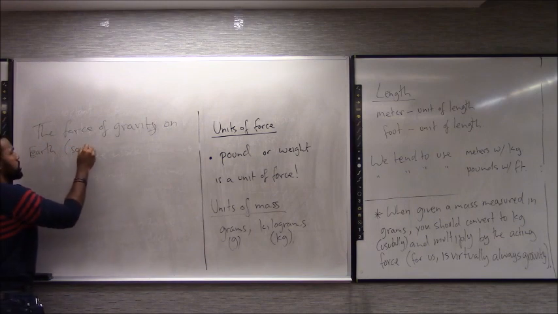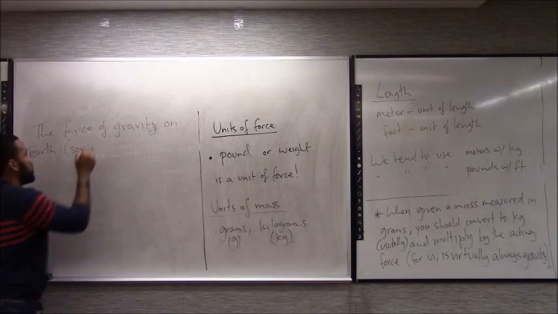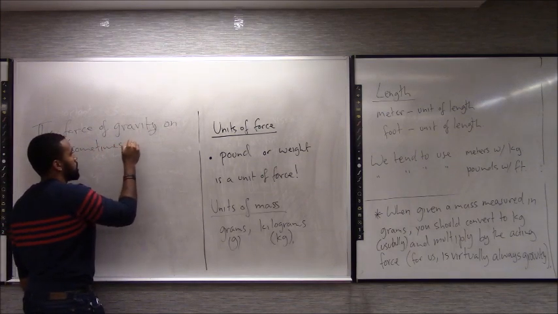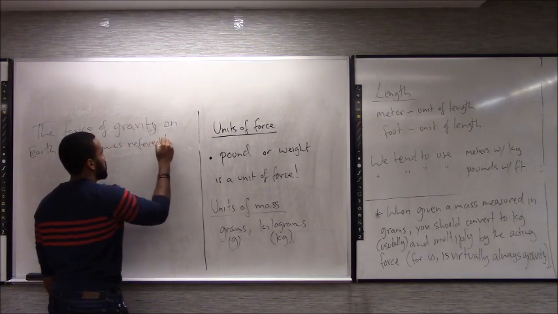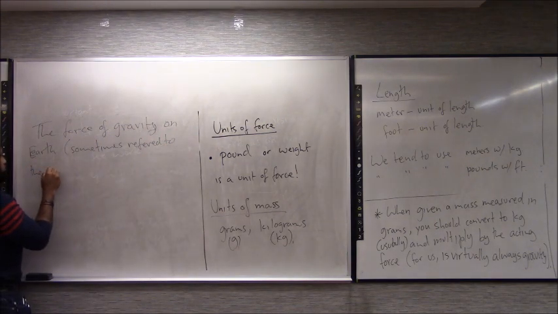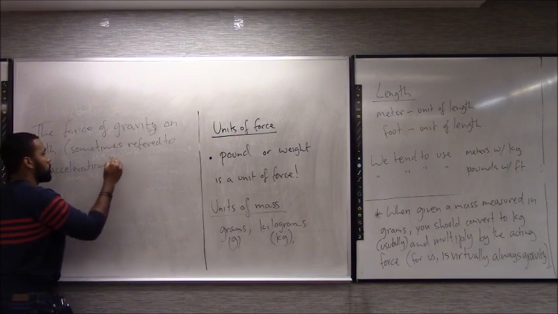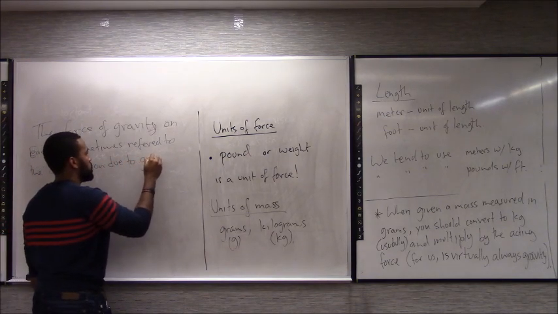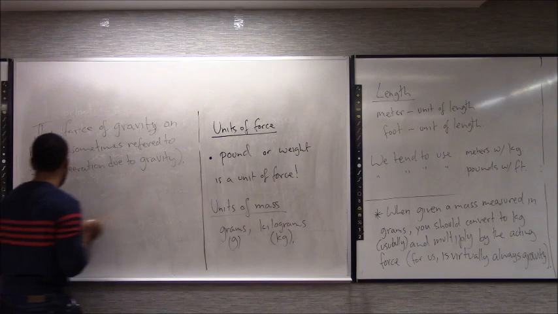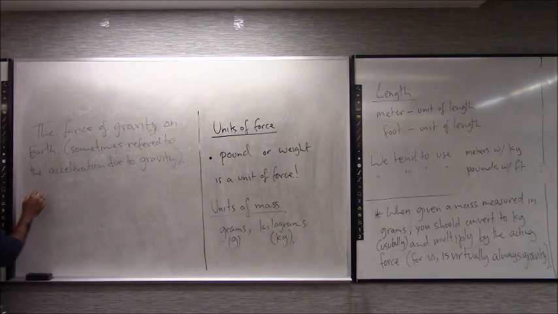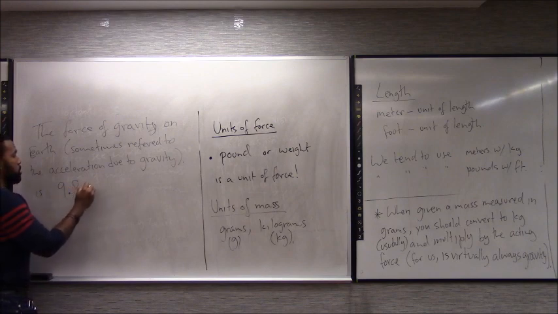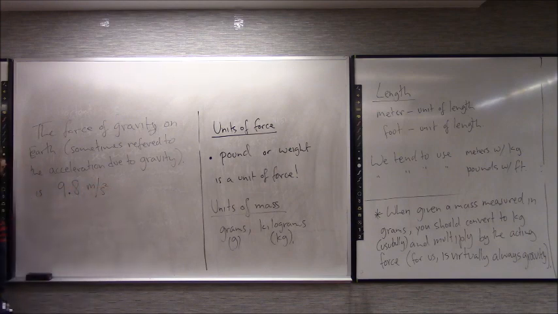It's sometimes referred to as the acceleration due to gravity. Do you know what this is? Right. It's 9.81 meters per second squared, usually rounded to 9.8 meters per second squared. So that's when your distance is measured in meters. Do we know what it is in feet?